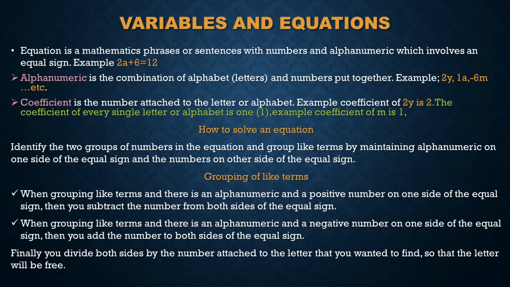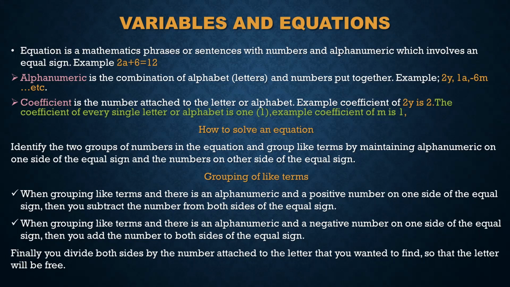And when there is an alphanumeric and a negative number on one side of the equal sign, then you add the number to both sides of the equal sign. Finally, you divide both sides by the number attached to the letter you wanted to find, so that the letter will be free.